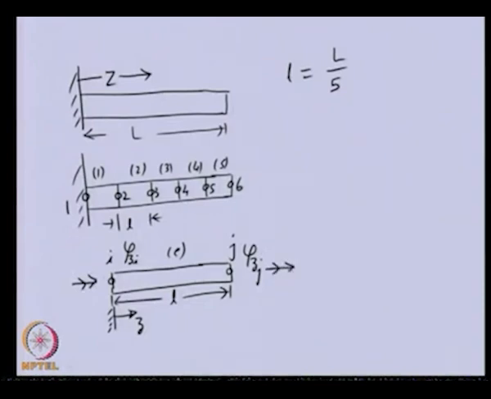So, both are in the same direction at the two nodes i and j. Apart from this, we will have the torque associated with this displacement. So, I am writing here the torque as T.